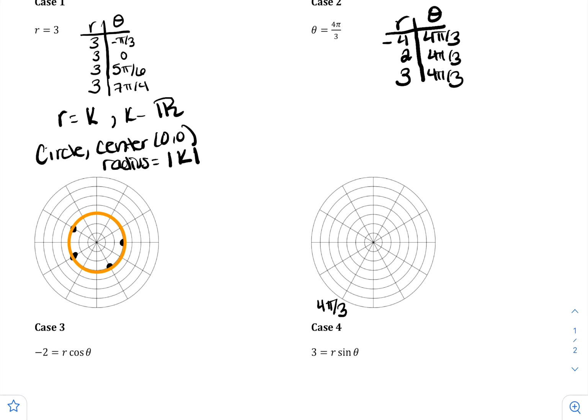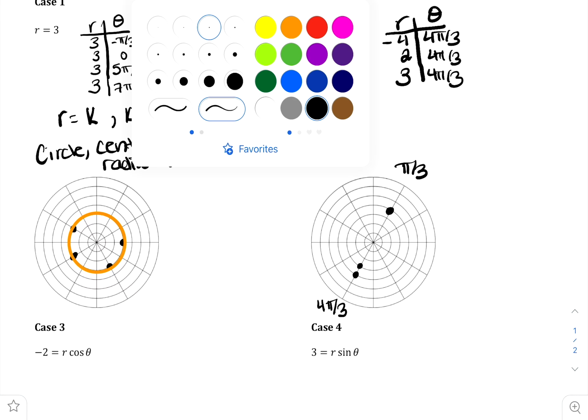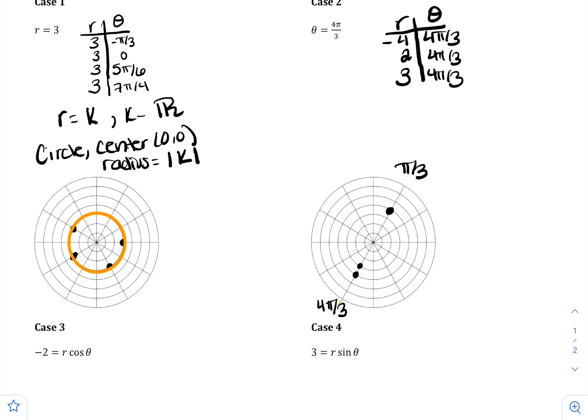But remember that if r is negative, it's going to go directly across. So 1, 2, 3, 4. Here would be (-4, 4 pi over 3). Then we have 2. Then we have 3. The angle is always going to be 4 pi over 3, but r can be positive and it can be negative. So when you connect all those r's, you're going to create a straight line.